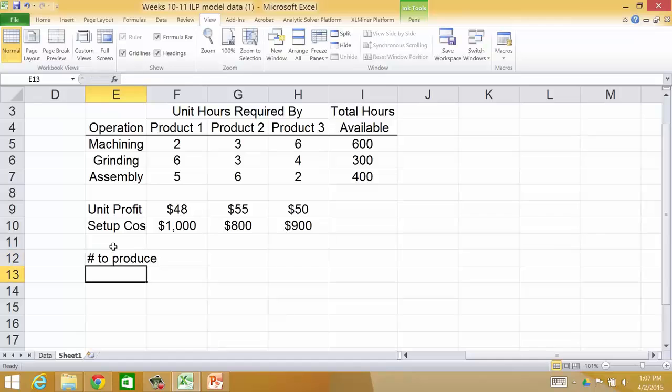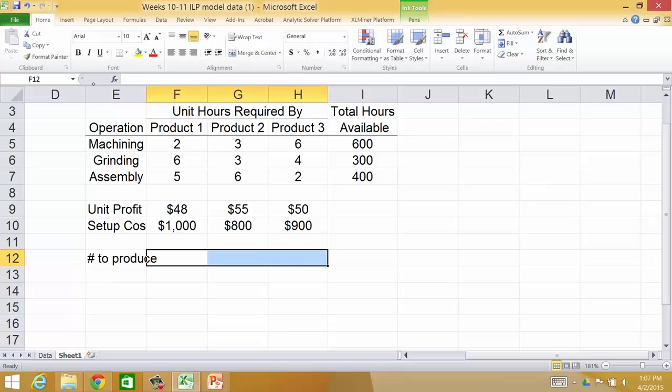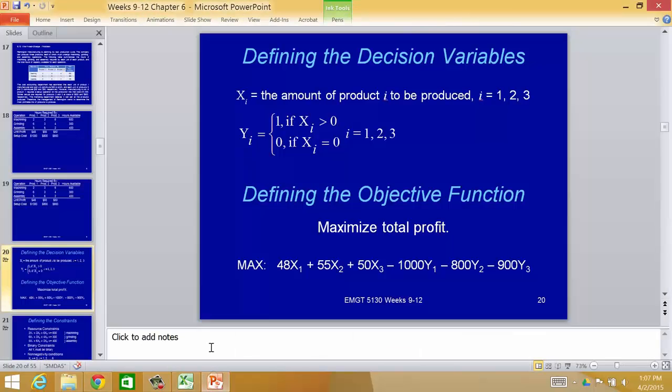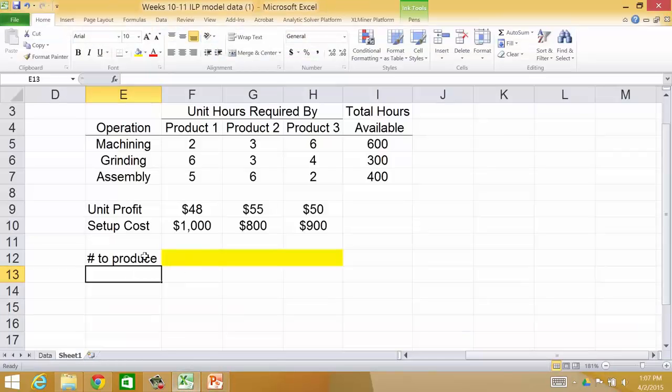Okay, and these represent our xi's. And then here for the yi's, because for each x we have a y, so it's natural that we'll just put yi's here. These yi's represent whether we'll have a setup cost or not.